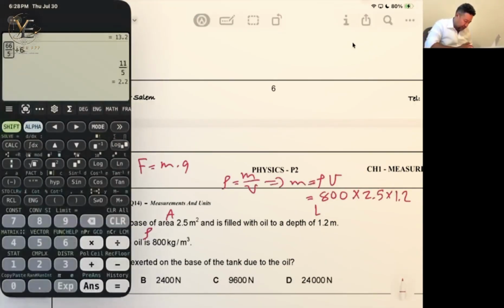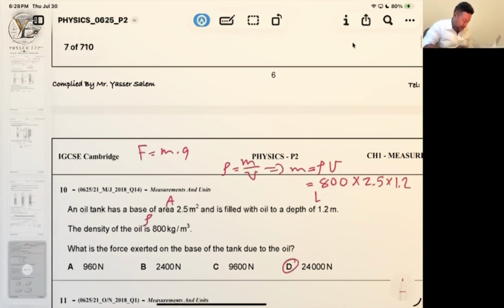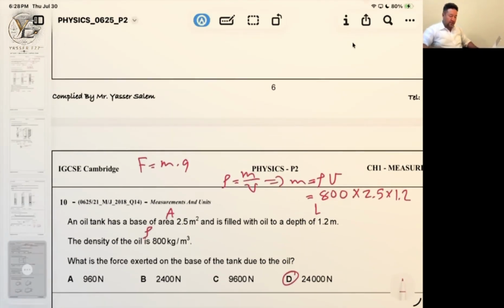Let's find it. 800 times 2.5 times 1.2 equals 2.4 times 10 to the power of 3. And then we are going to multiply it by 10 for the free fall acceleration, which gives 24,000 newtons. So 10 questions, I think, are enough.